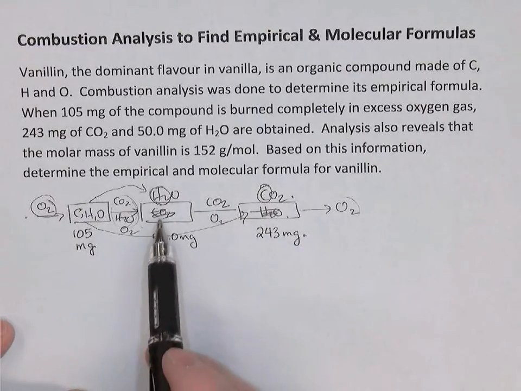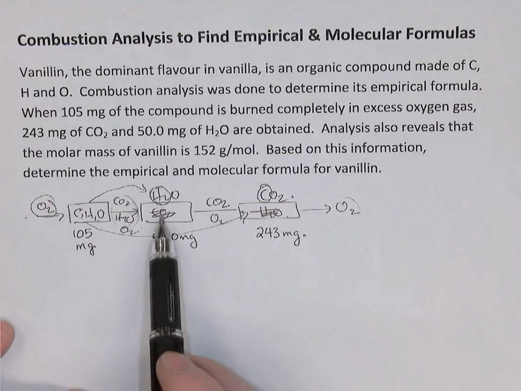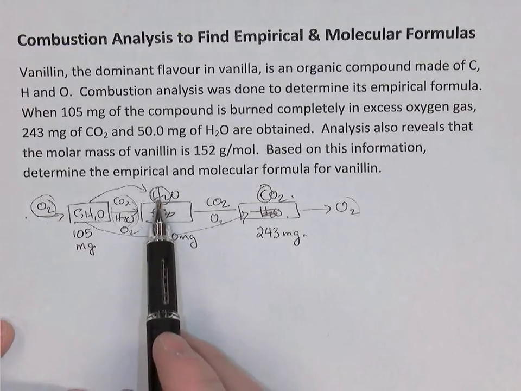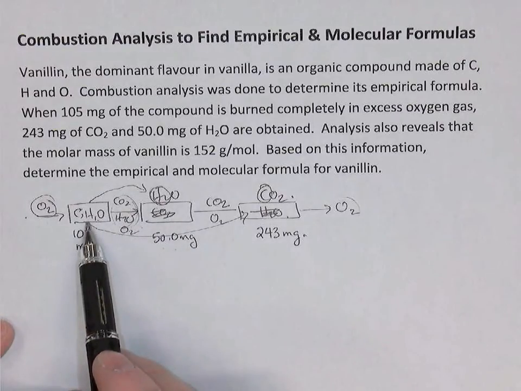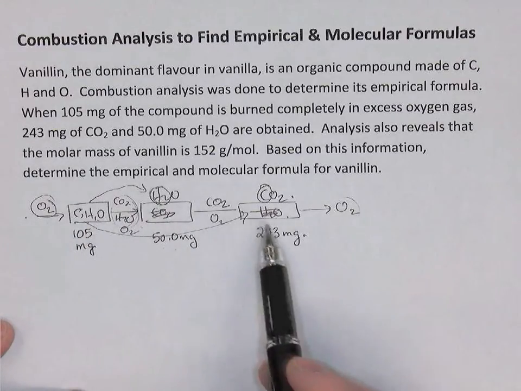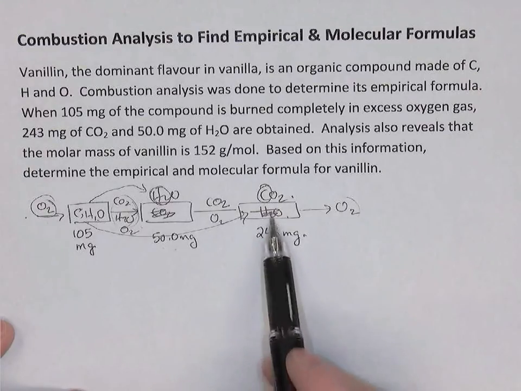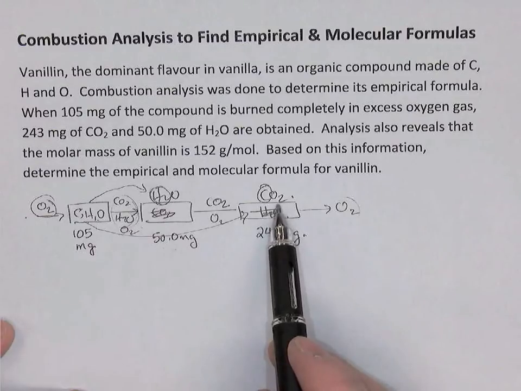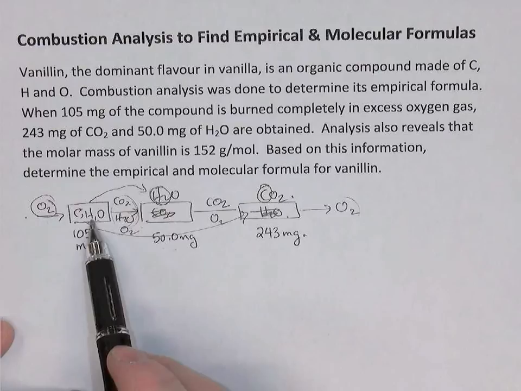So if we know how much water was produced, 50 milligrams, we should be able to go back and find how much hydrogen was in the water, and therefore how much hydrogen was in the vanillin. Likewise, if we know how much carbon dioxide was produced, we should be able to find how much carbon was in the carbon dioxide and how much carbon was in the original vanillin compound.